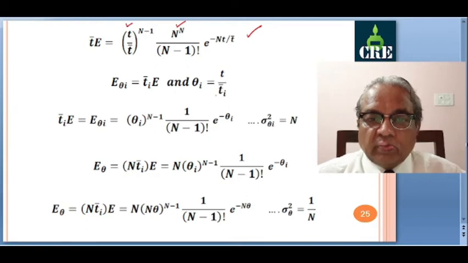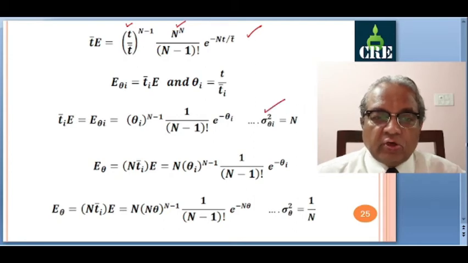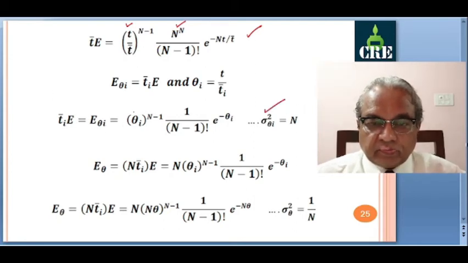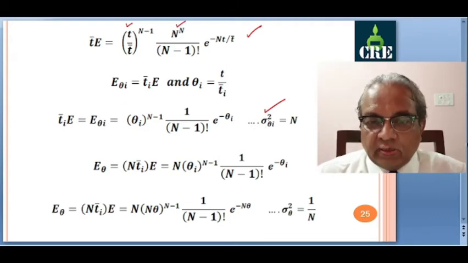So this t by ti bar term is theta I raised to n minus 1, and this again same term minus t by ti bar can be written as minus theta I, and this sigma theta I square is equal to 1 by n. This is variance in the dimensionless form.